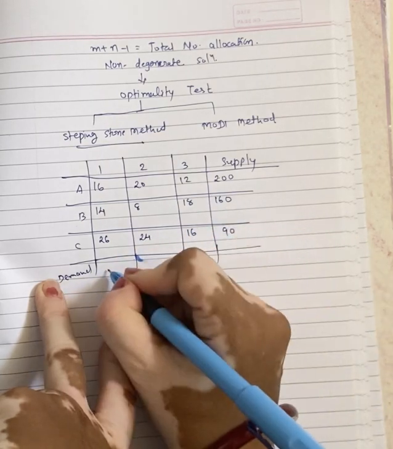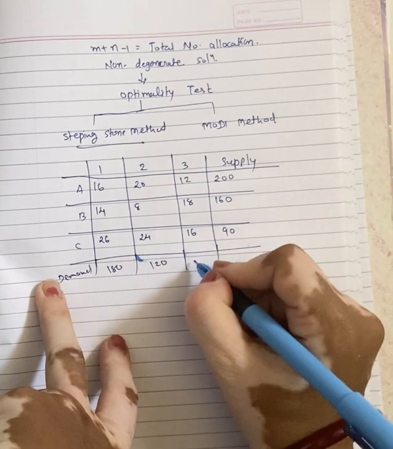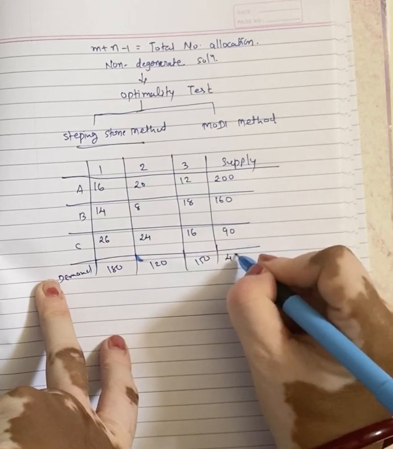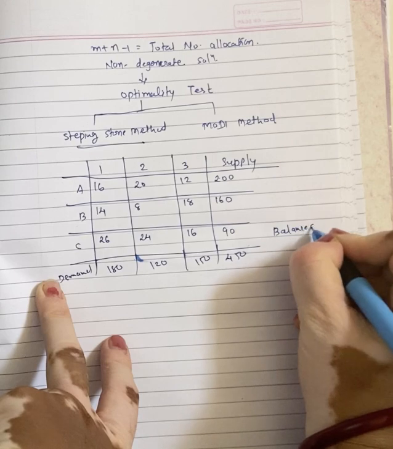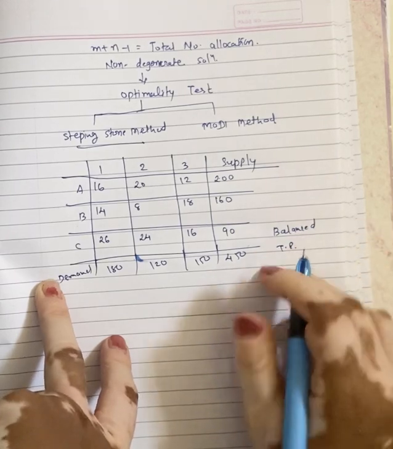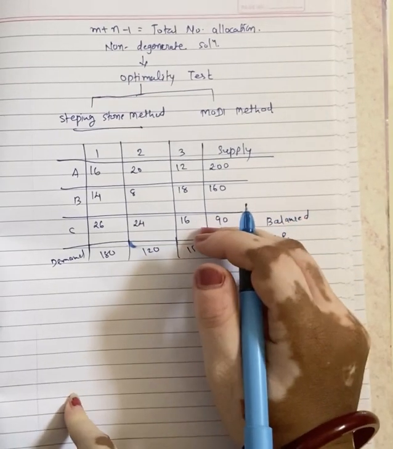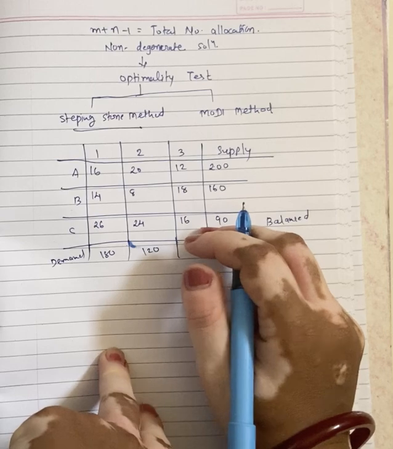It is 180, 120, 150. Both are equal, that is 450. Therefore, the given problem is a balanced transportation problem.